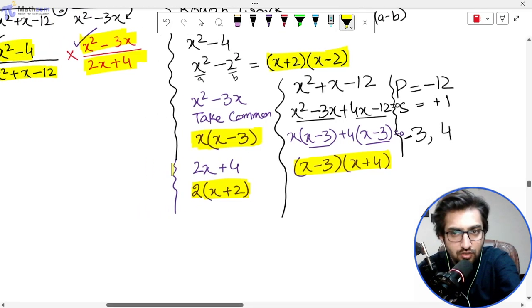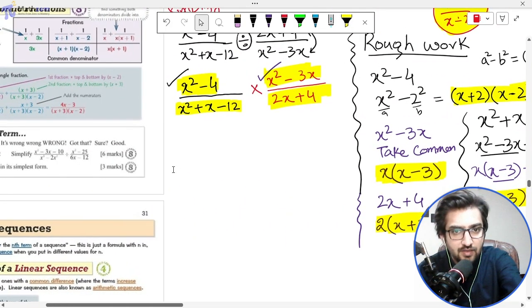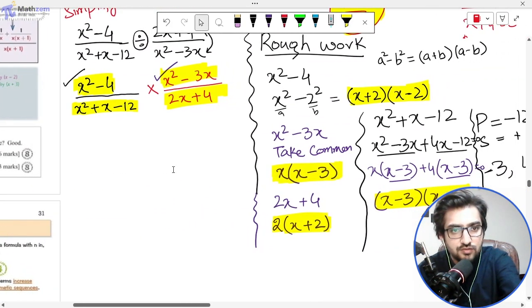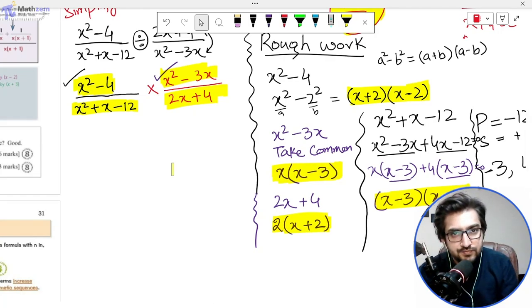Now let's replace all the expressions here by what we got in the rough work.